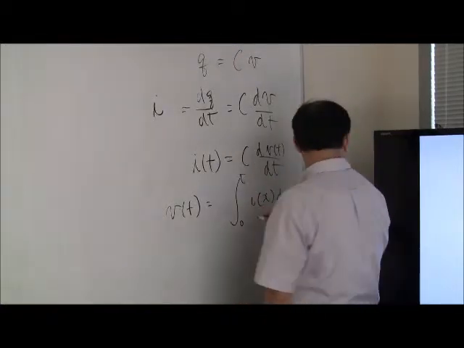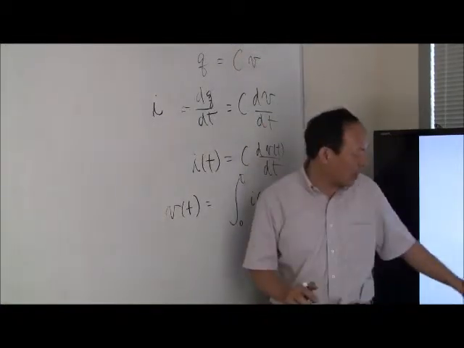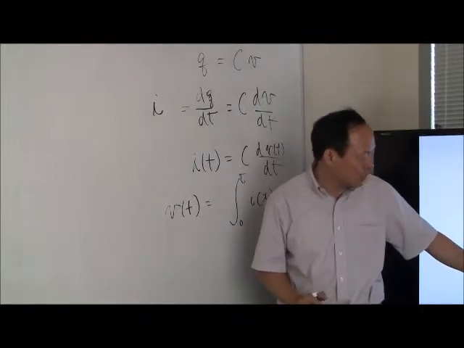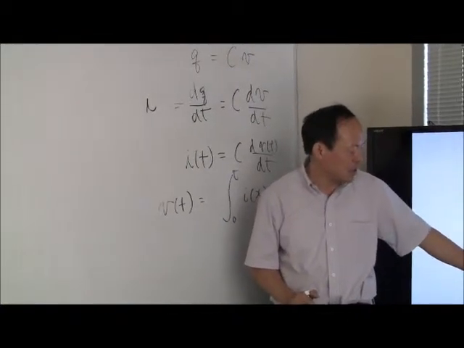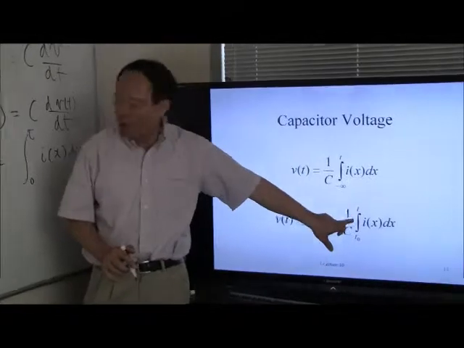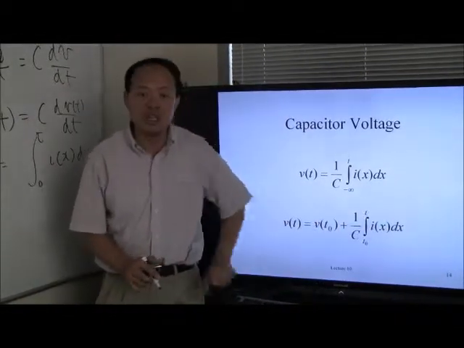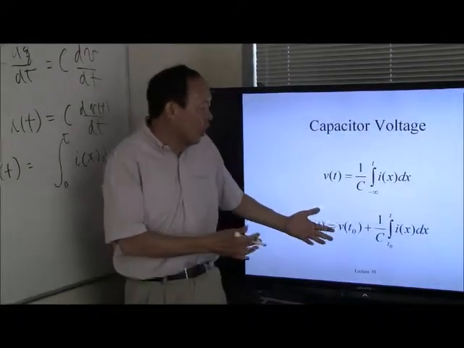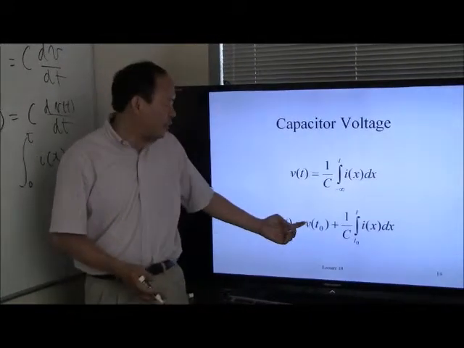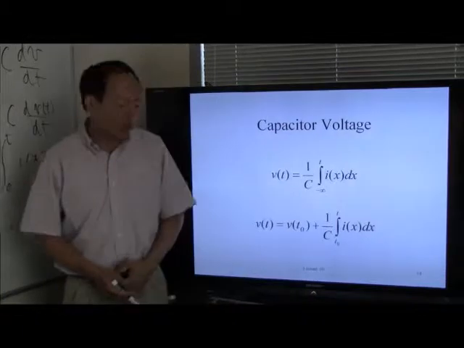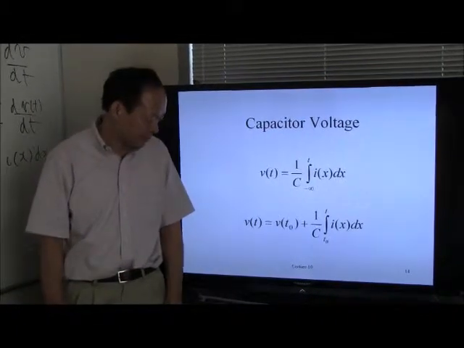And if you account for the initial value at time t0, you have a voltage of V of t0 plus 1 over C times the integral of I of x dx from t0 to t. So that is the so-called integral form of the voltage-current relationship across a capacitor.